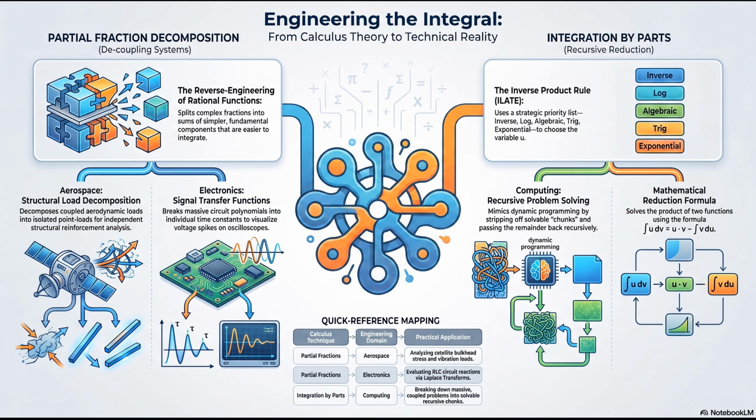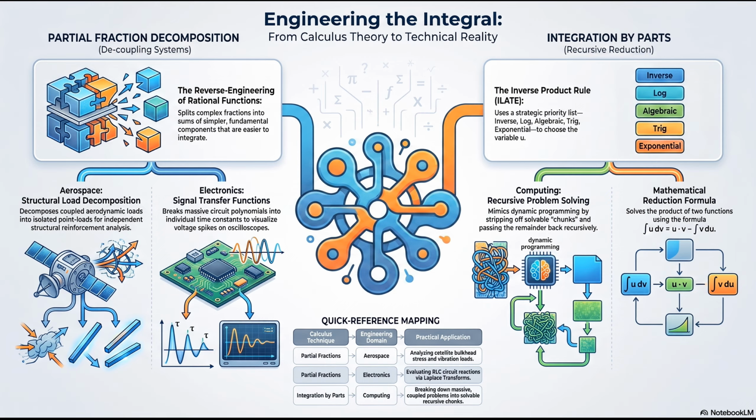And we explored how integration by parts operates as the inverse of the product rule, utilizing that isolate heuristic to strategically weaken systems that refuse to fit together algebraically. It really isn't just a trick to pass a calculus exam. No, it is the underlying logic for recursive algorithms in software architecture. And it powers the signal processing that allows us to safely translate frequency data back into the real world.